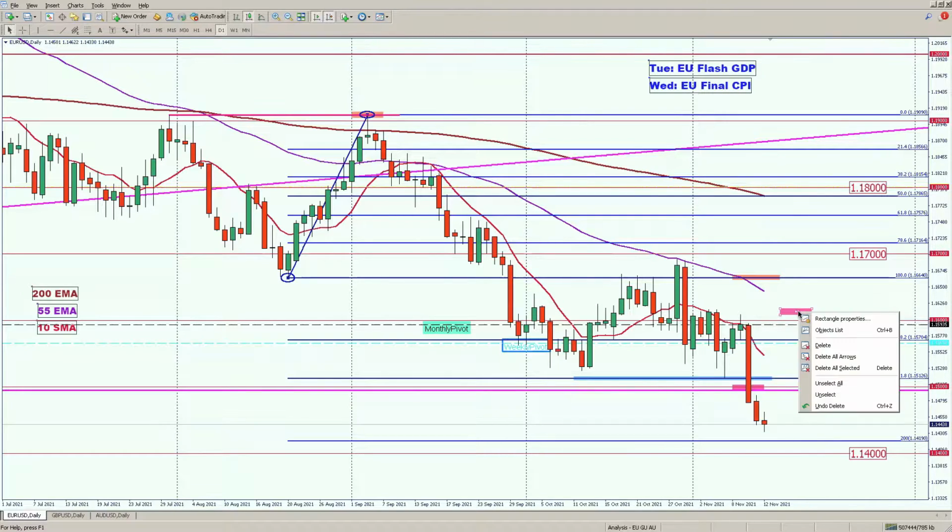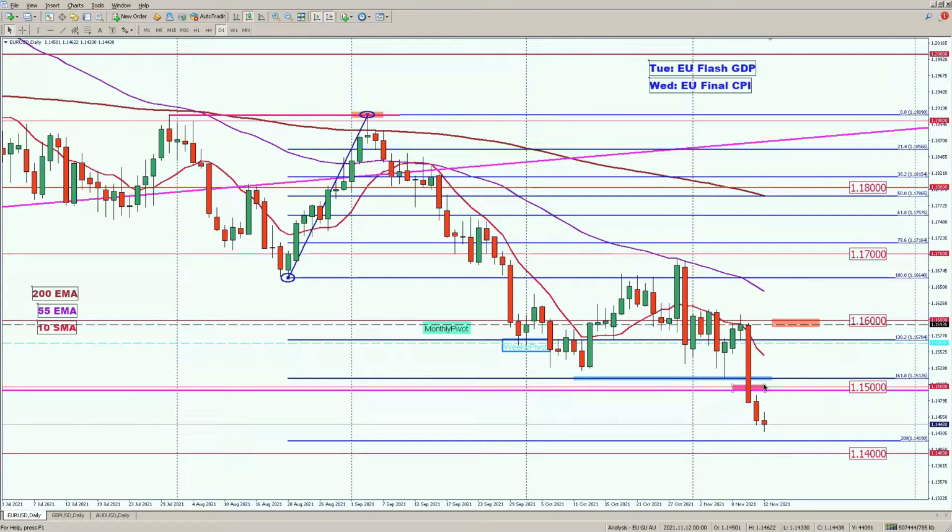For now, we can remove this level, move the resistance level down to 116, along with the monthly pivot. We can remove this one here at the 115.